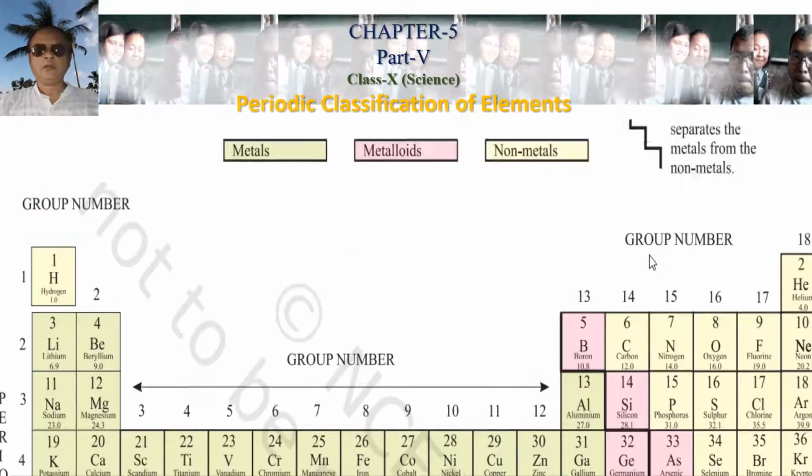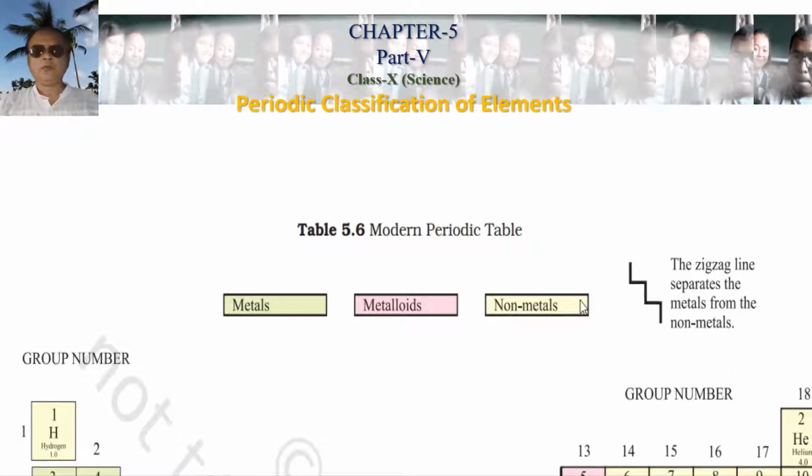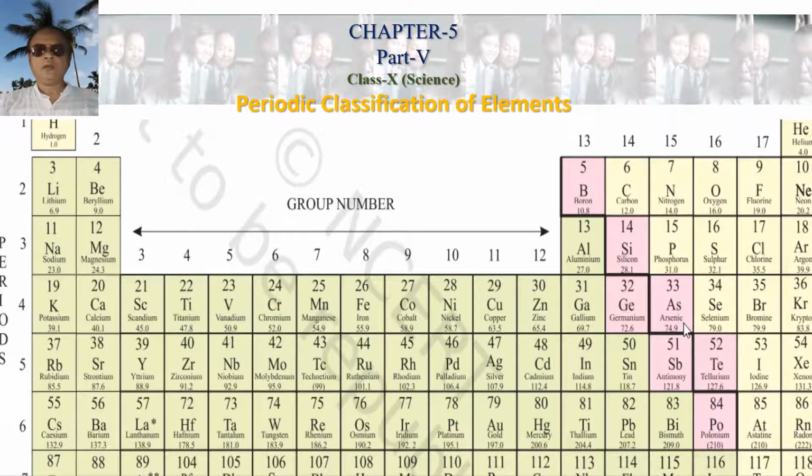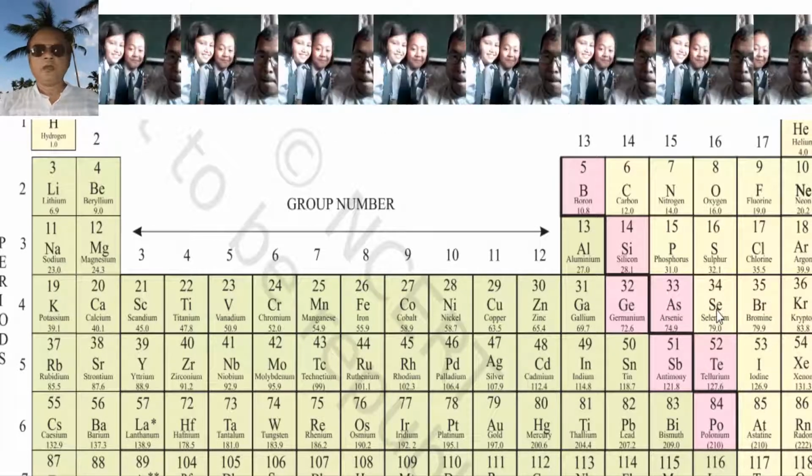Here you see non-metals are yellow color. So these are non-metals. Only metal is beryllium.